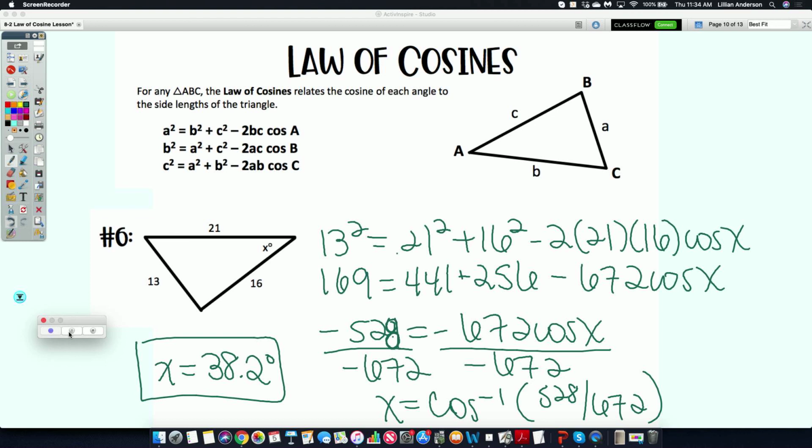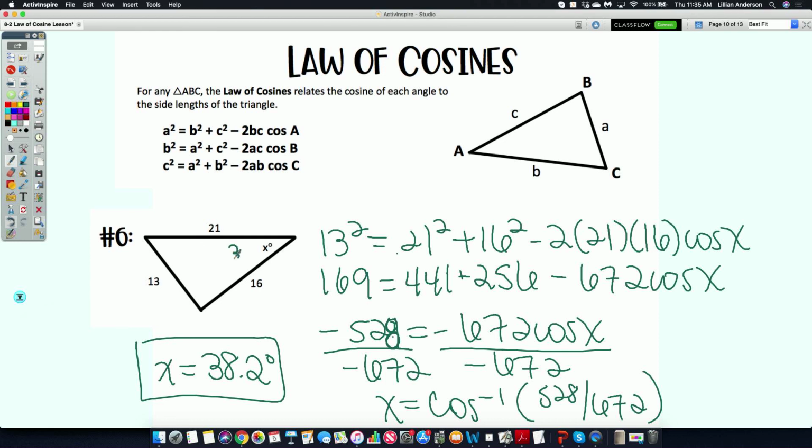So questions on using the law of cosines. Now do realize that in each one of these, we've only found one side or found one angle. If it asks you to solve the triangle beyond this, right? So let's say for this particular problem, it asked you to find the other remaining angles.